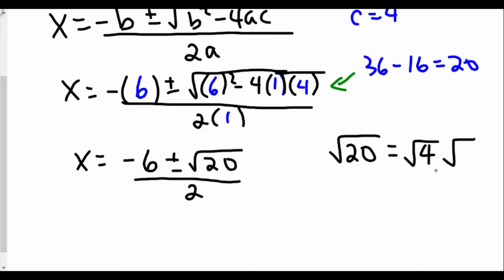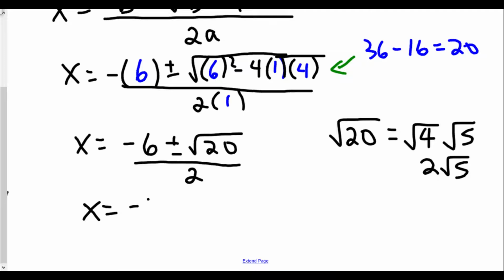And of course, when you divide 20 by 4, you get 5. To simplify square root of 20, it becomes the square root of 4, which is 2, and it's still multiplying the square root of 5, so it's 2 square root of 5. So our answer starts looking like this.